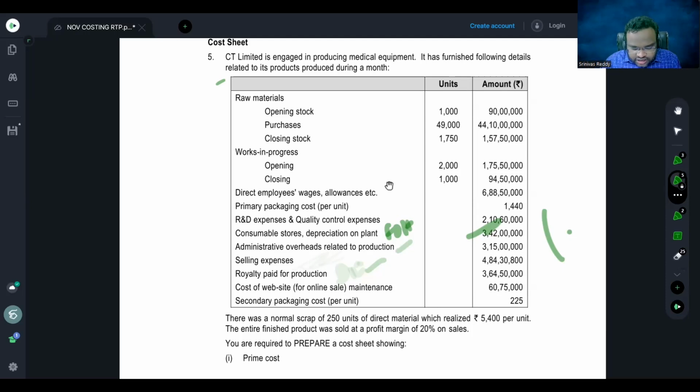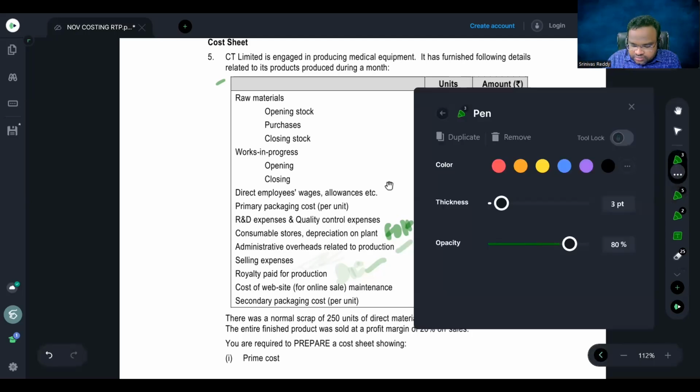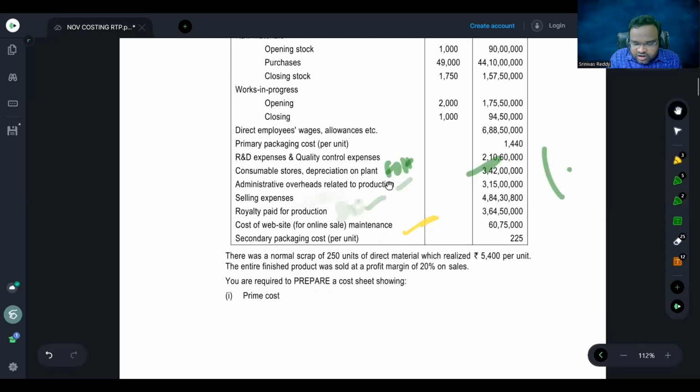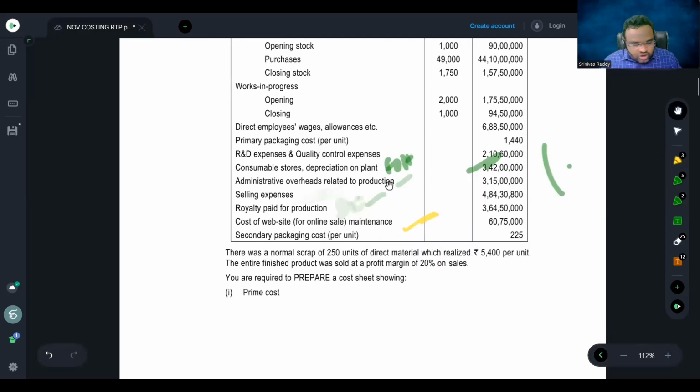There was a normal scrap of 2 units of direct material, which realized 5,400 per unit. The entire finished product was sold at a profit margin of 20% on the sales. So from the direct material cost, we'll reduce this normal loss.